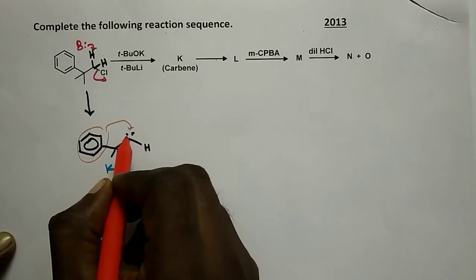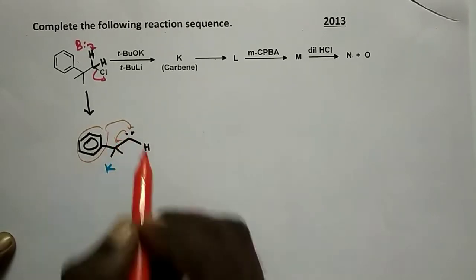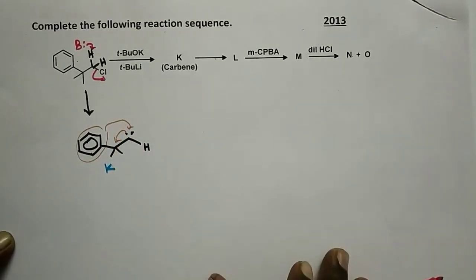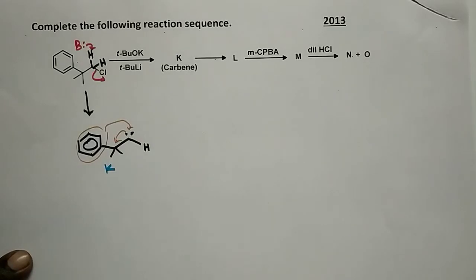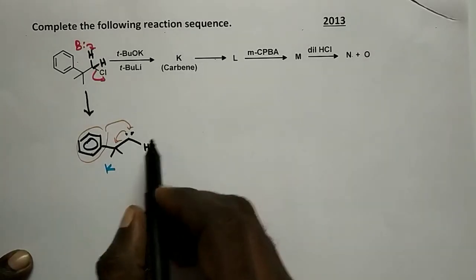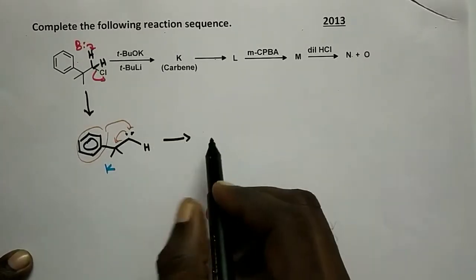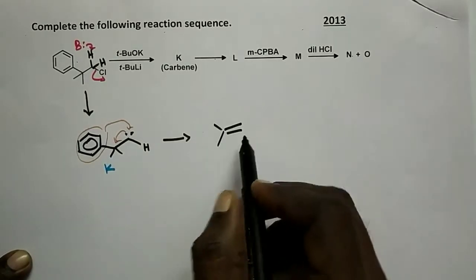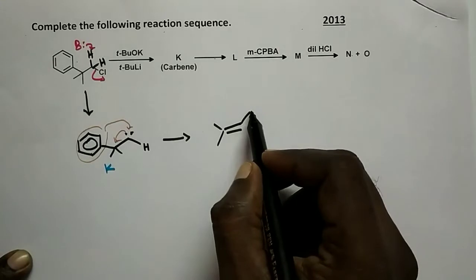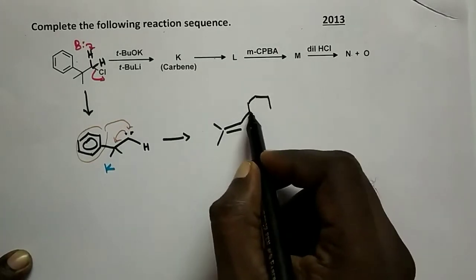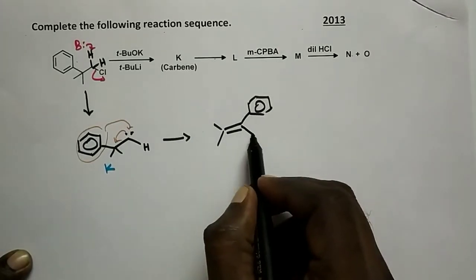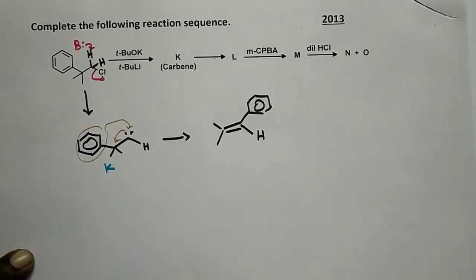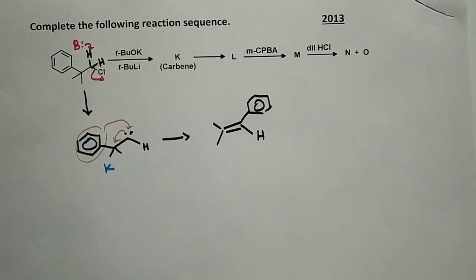As a result, this olefin comes down, as we saw just now in the Wolff rearrangement. So the product is a double bond, methyl, phenyl, hydrogen. This is the compound I anticipate.